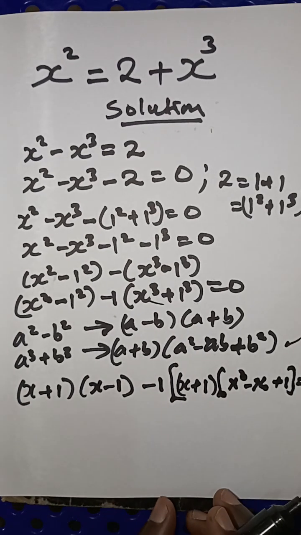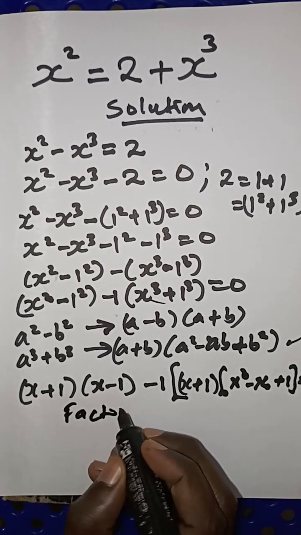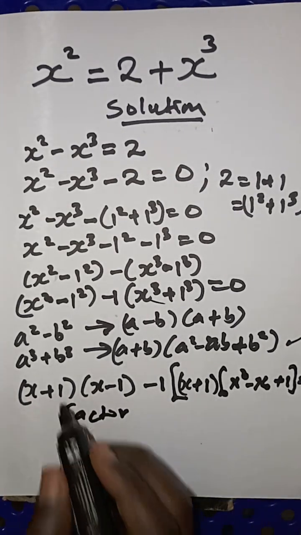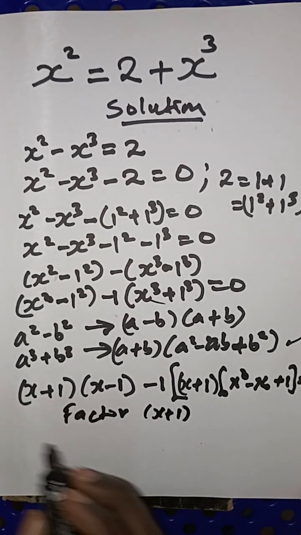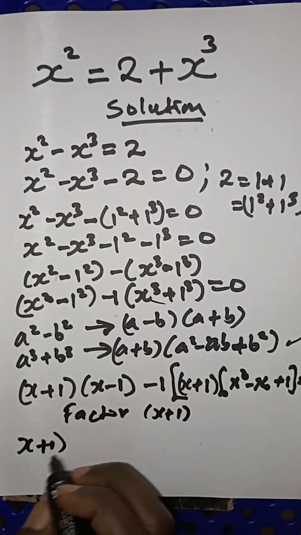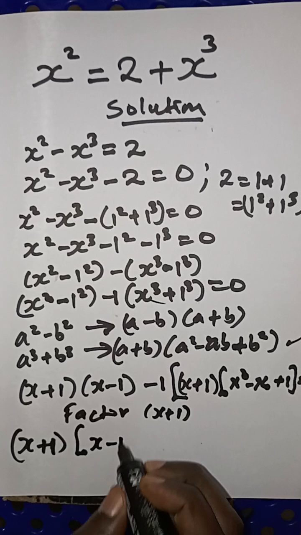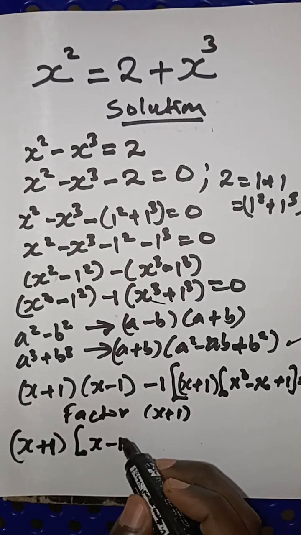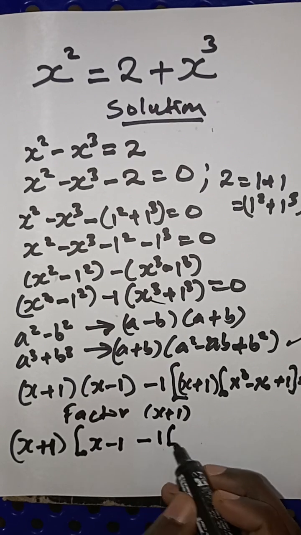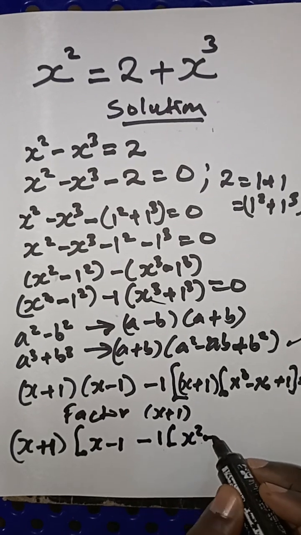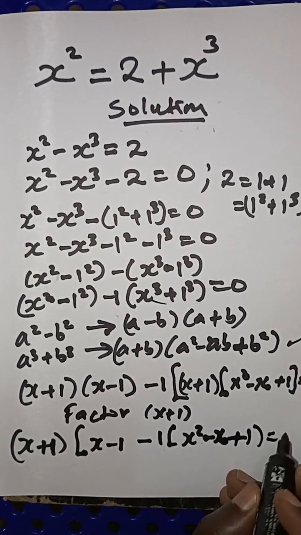Reopening this bracket, or factoring, I'm going to factor out x plus 1 so that I end up with x plus 1 in bracket x minus 1, minus of course 1 in bracket x squared minus x plus 1 equals 0.